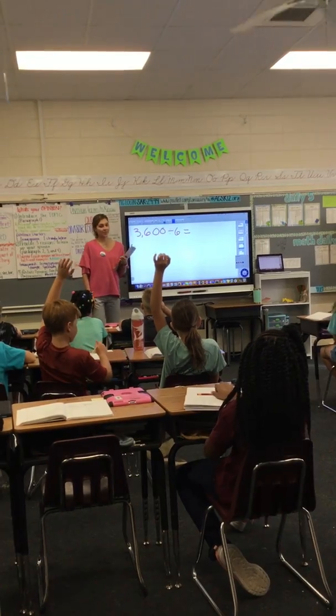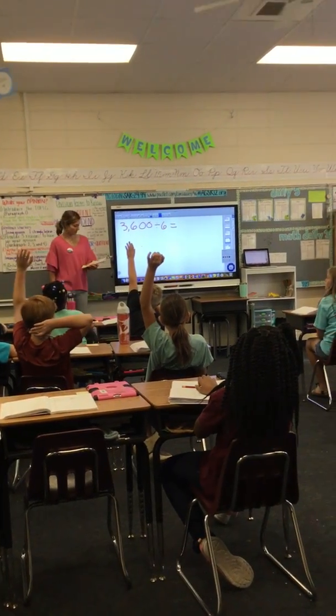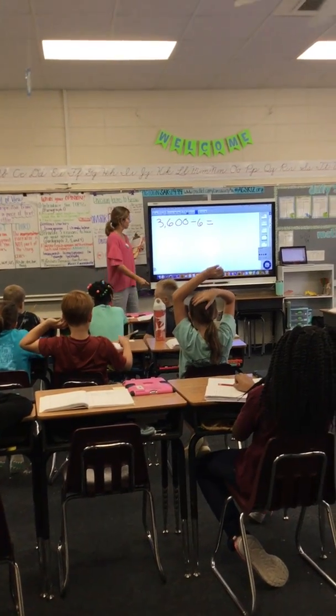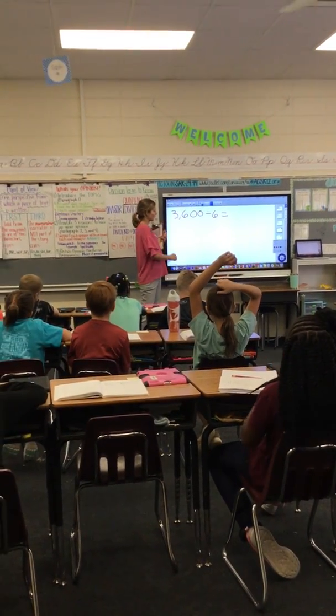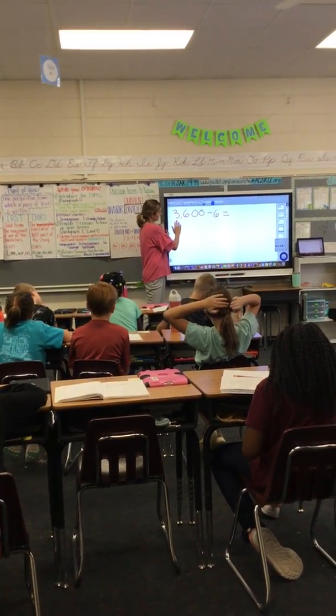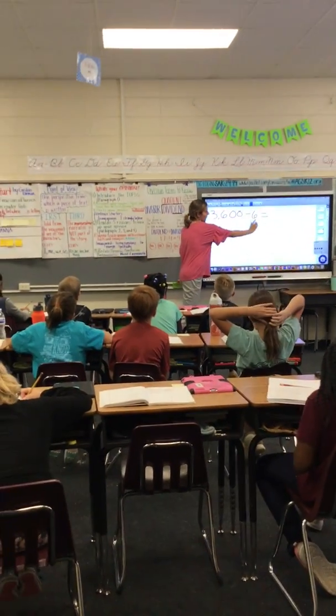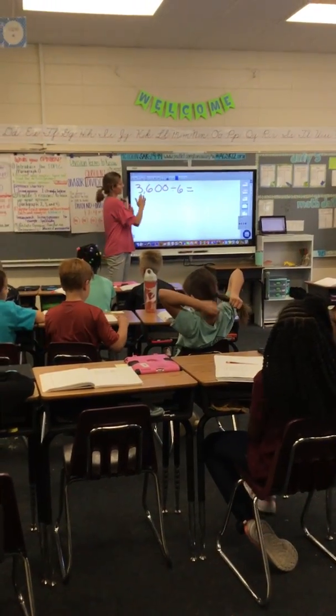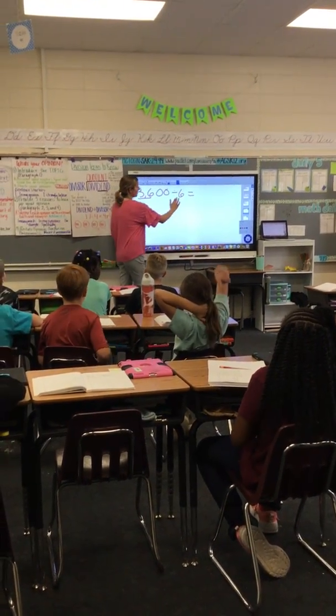What is the first thing that you looked for, Harrison, when you saw this problem? I underlined the numbers. And what did you underline? I underlined 3,600. Should I underline the whole thing? Which part of it should I underline? Just 3,600 and 6.